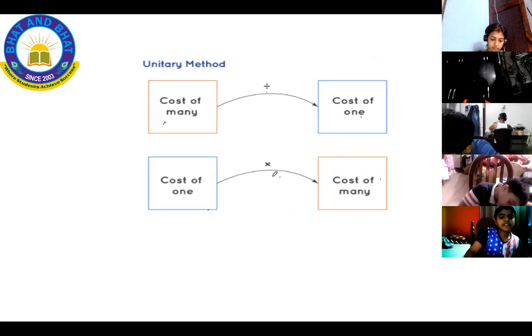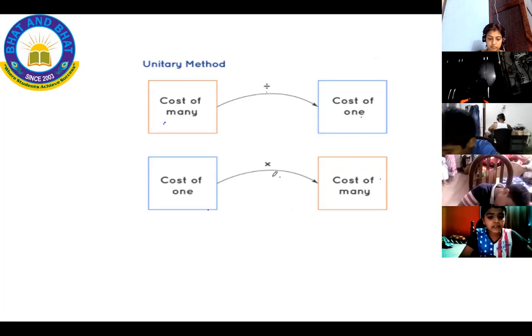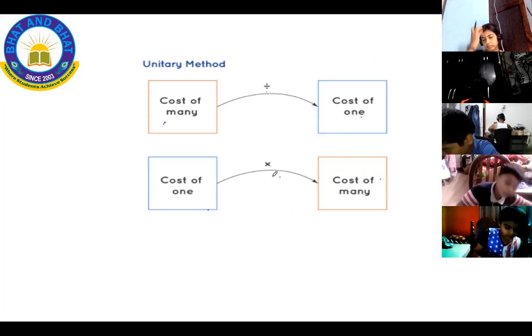Ma'am, from division we will find the cost of one, and from multiplication we will find the cost of many. First, no, ma'am. Okay, ma'am.